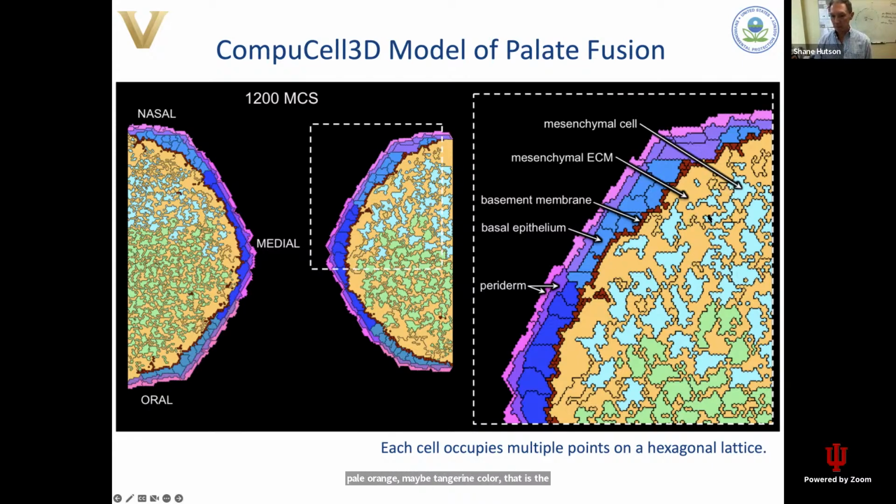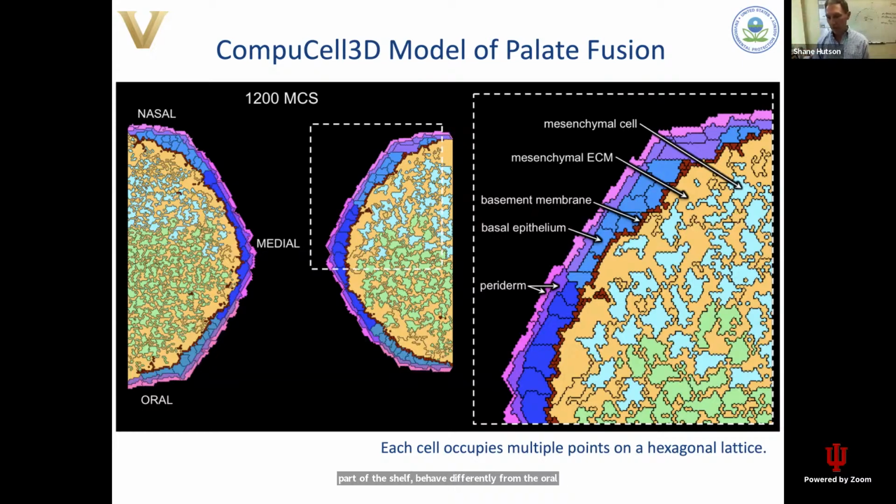And now surrounding that is our polarized epithelium, and it's got several layers to it. In the blue are some basal epithelium cells, and there are two different shades of blue here because there's different domains, right? The nasal part of the shelf behaves differently from the medial part of the shelf, which behaves differently from the oral part of the shelf.